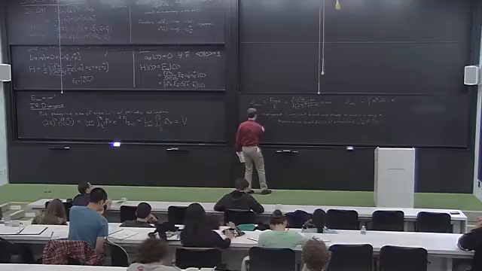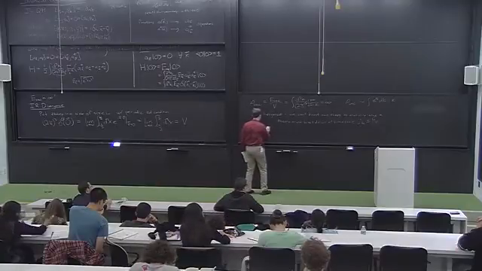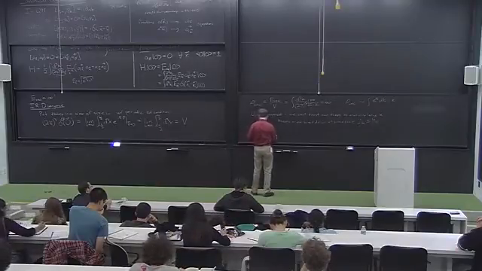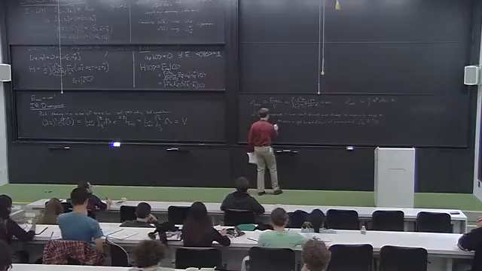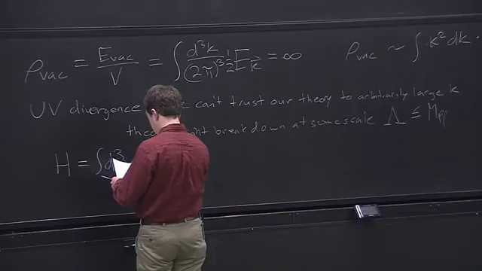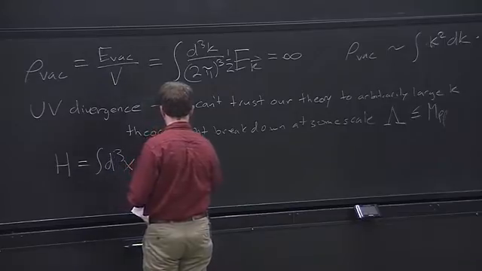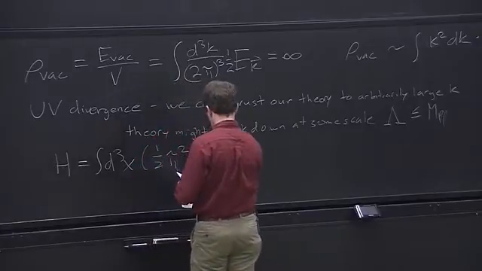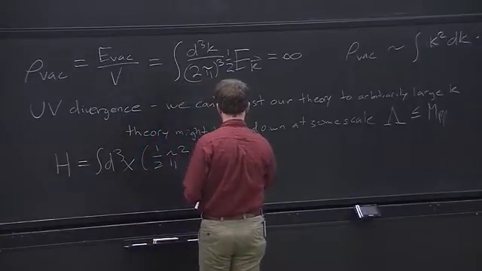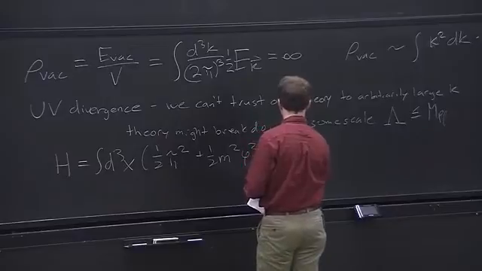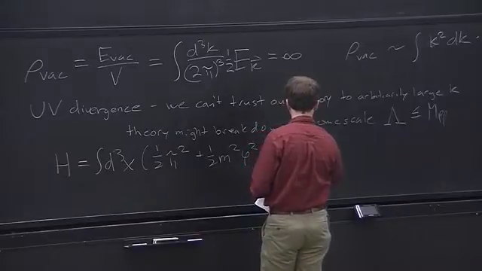In yesterday's lecture, we found that the Hamiltonian was an integral d^3x of (1/2)π^2 plus (1/2)m^2φ^2 plus (1/2)(∇φ)^2.